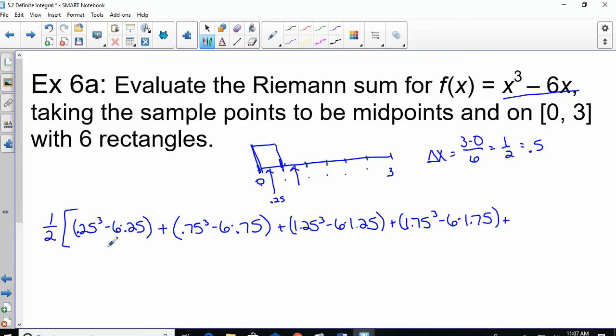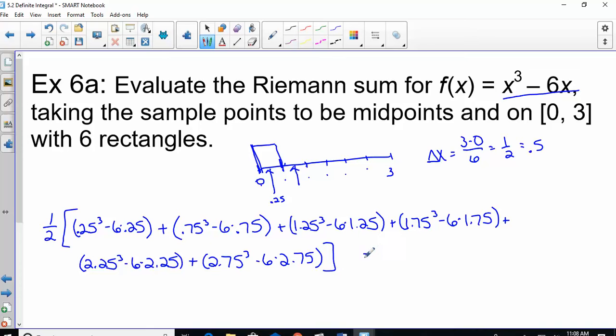Add 0.5, so that's 2.25. Add 0.5, so 2.75. If I added 0.5 again, I would get 3.25. That's outside my interval. I already have my 6 pieces now.